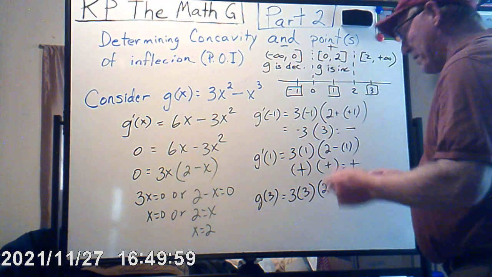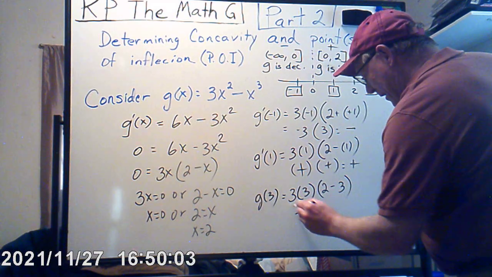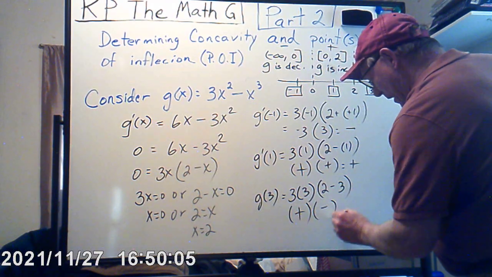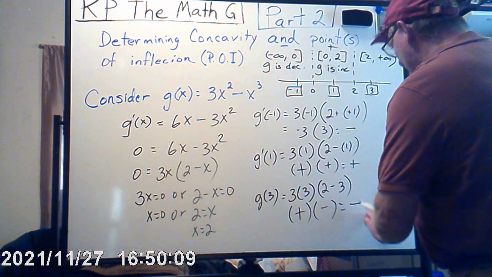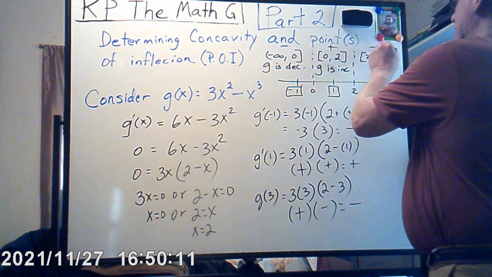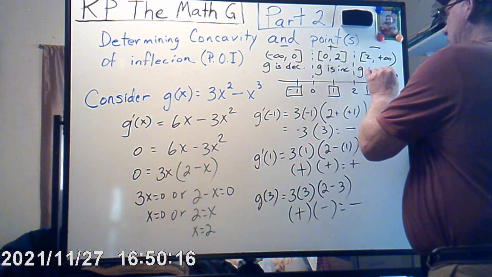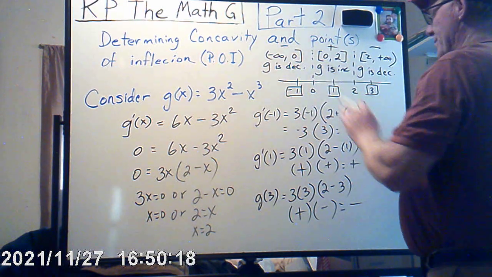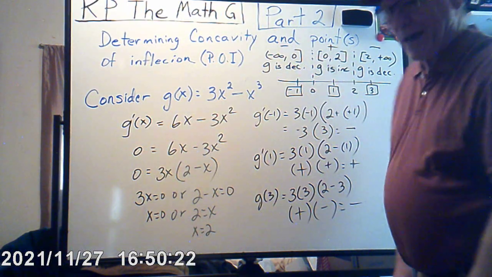If you had 2 minus 1,000, you know that's going to be negative. We know this is positive. Positive times a negative is negative. So now we understand that on this interval we have a negative, which means that g is decreasing on that interval. Okay? That's what we have.